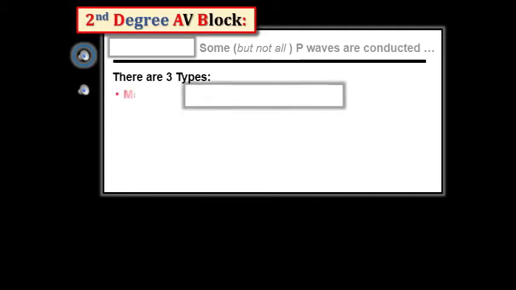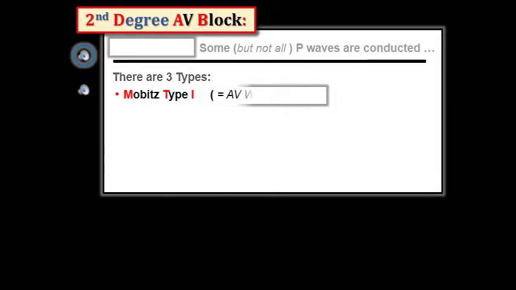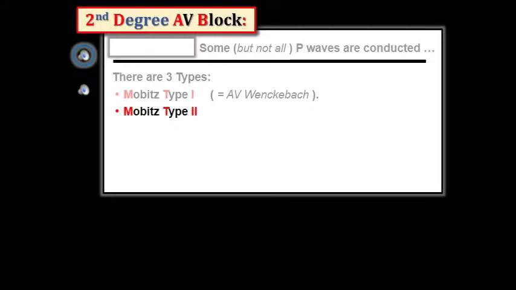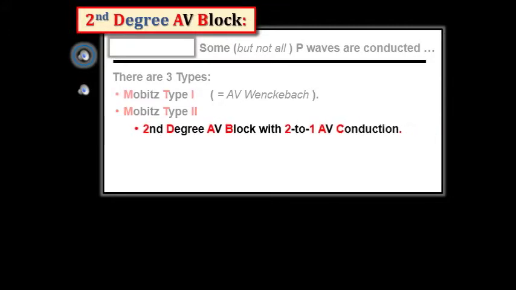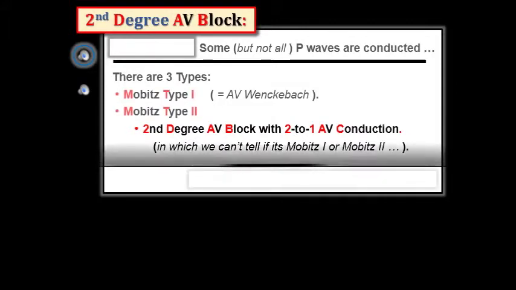Mobitz type 1, which is really a synonym for AV Wenckebach, Mobitz type 2 second-degree AV block, and the third type of second-degree AV block, which is the one that is often forgotten, namely second degree with 2-to-1 AV conduction, in which we cannot tell if this form of second-degree AV block represents Mobitz 1 or Mobitz 2.